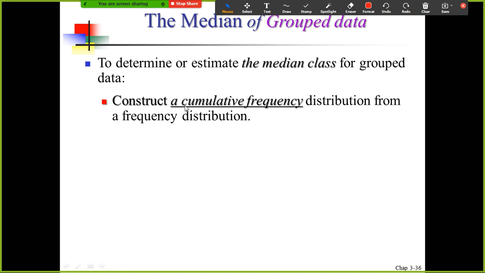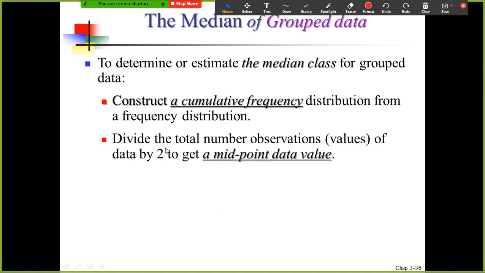What does cumulative mean? Cumulative means additive frequency: add the frequencies together. We already did this in previous videos. So after you have a frequency distribution, you need to make from it another data set that we call the cumulative frequency distribution. That means you need to add one column.